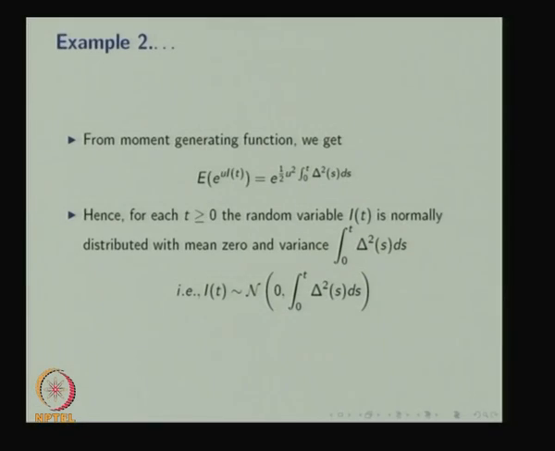But you can find the distribution of I of t also. You can find the distribution using moments, so find the moment generating function of I of t. You know that the moment generating function for any random variable X is nothing but the expectation of e to the power u times X. Here you are finding the distribution of the random variable I of t for fixed t.